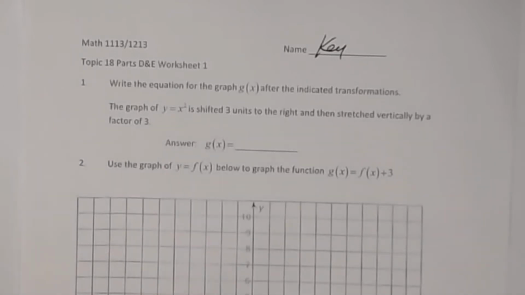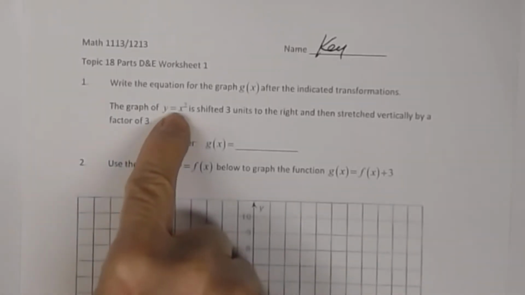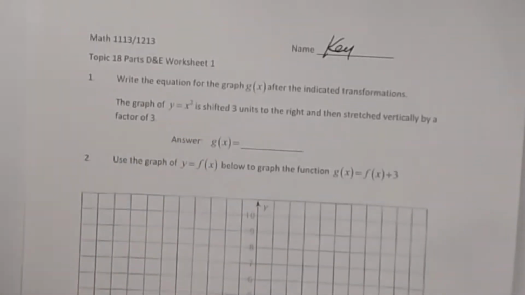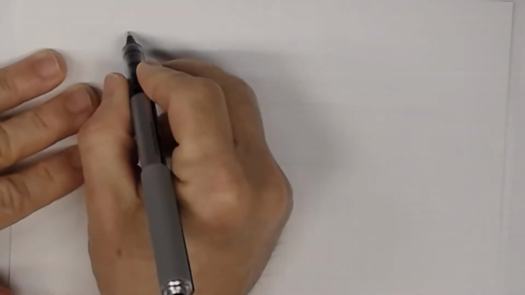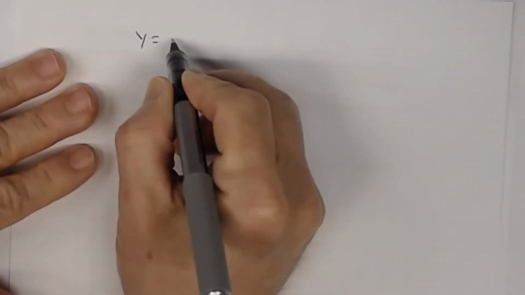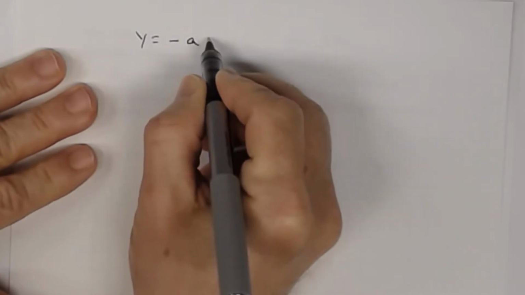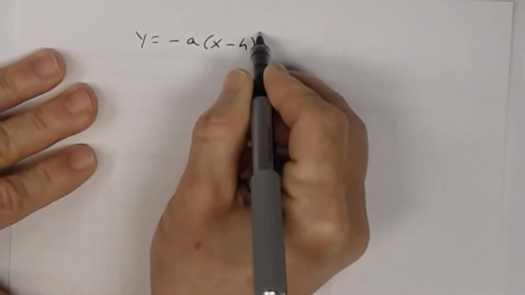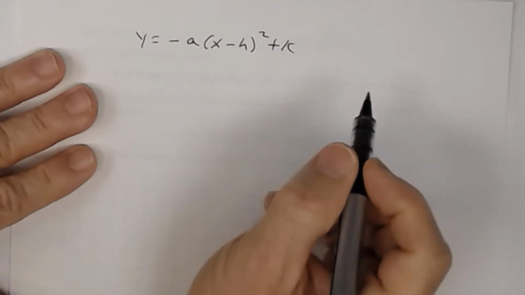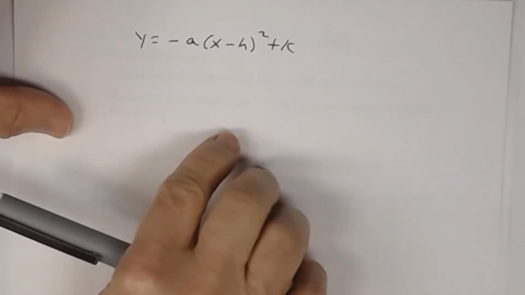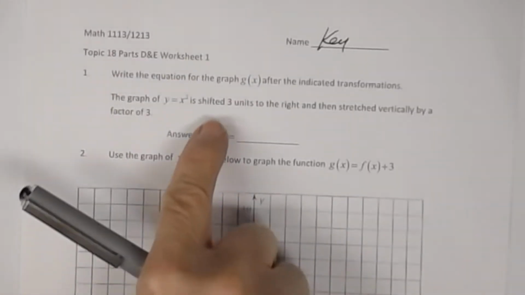Okay. Now, just remember, we're talking about the quadratic function here, so x squared. So my basic function, let me go ahead and just remind you about this. If I have y equal negative a times x minus h squared plus k, remember, dealing with the quadratic function, that's why you see this.